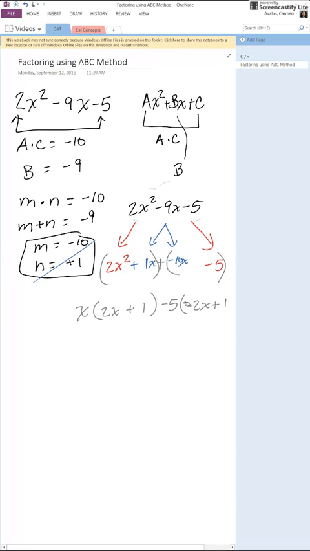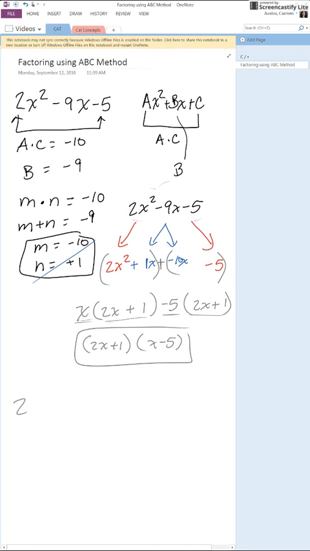I'm sorry, not negative, positive. These two have to be exactly the same. Since they're sharing the same thing, I could factor out a 2x plus 1, and what's left over is an x and the minus 5. And that is your factored form.